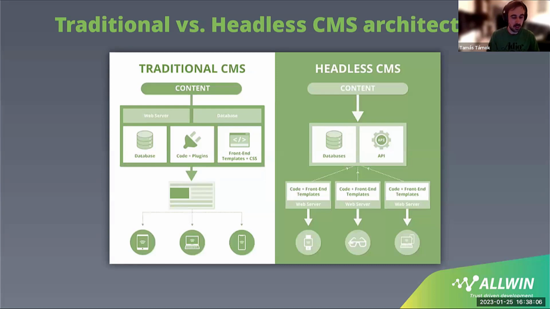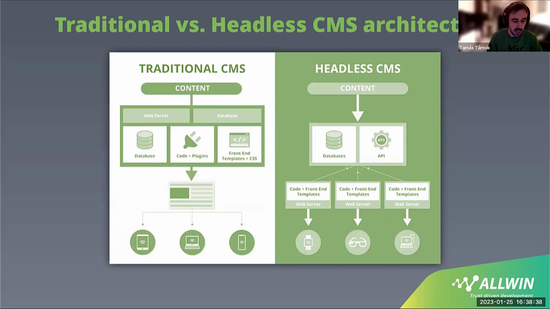Here we compare a traditional CMS on the left-hand side with the Headless CMS on the right-hand side. In the traditional CMS, the content comes in from the authors, and we have one web server, or basically one monolithic application, which provides the authoring interface, the admin UI, and also the front end to the public audience.